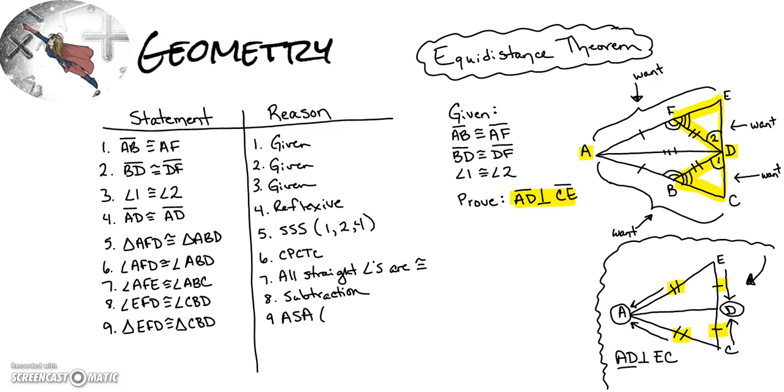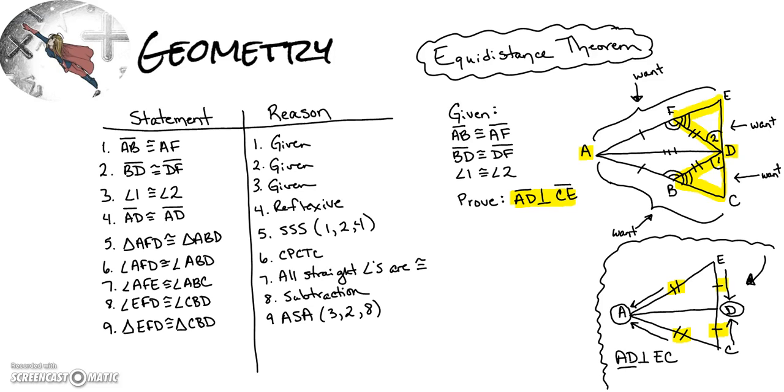Those steps include the given back in number 3, the subtraction step that I just listed, which was number 8, and FD congruent to BD, that was way back in number 2. So steps 3, 2, and 8 give us the ASA.